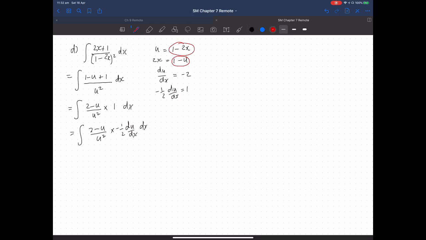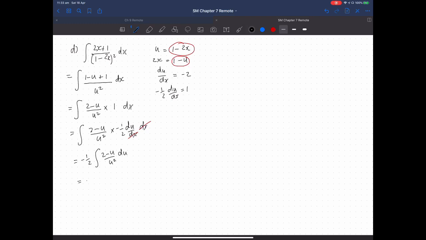Again, in effect, the dx's have cancelled. I'm going to take the minus 1/2 outside the integral sign. Inside the integral sign now I have 2 minus u on u squared du.